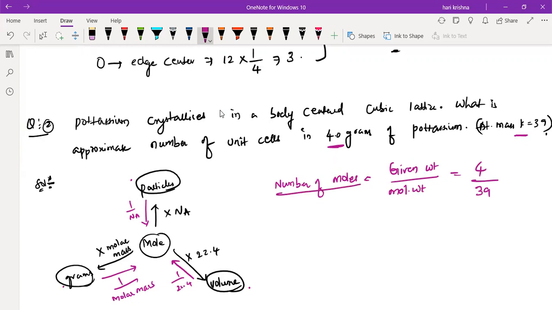If you want particles now, what will I do? Number of particles equals moles into 6.023 into 10 power 23. This is nothing but Avogadro's number, the Na value.